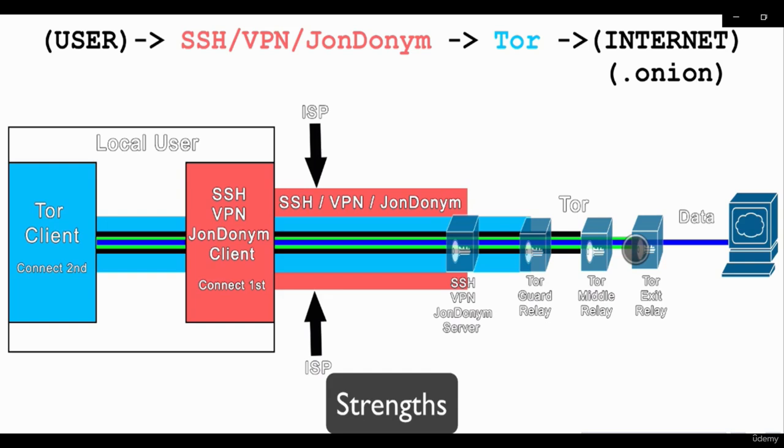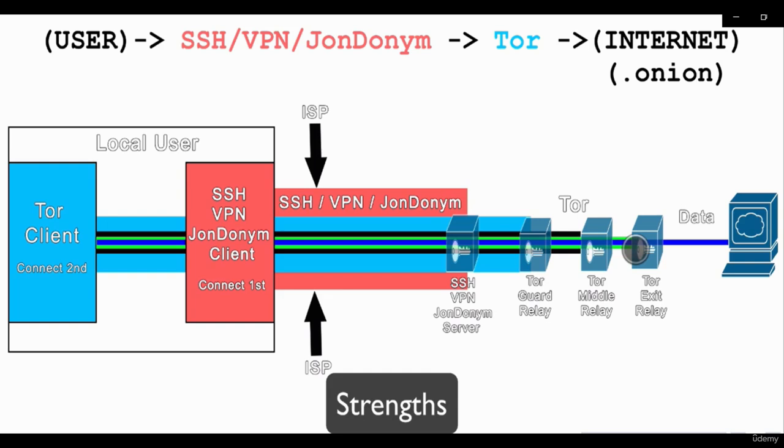Then it gains this data, and Tor helps to reach data by SSH, VPN, or JonDonym. Whenever you want to go to your desired data by SSH, VPN, or JonDonym, your ISP would be helpful for you.